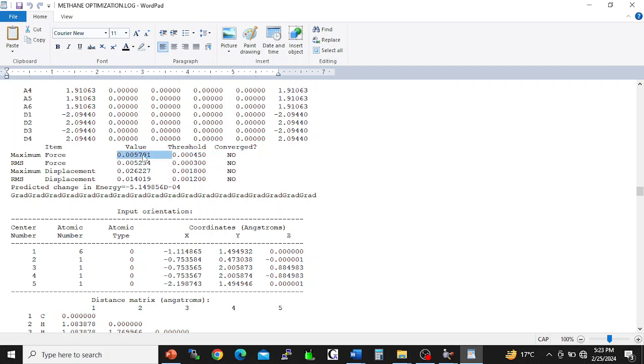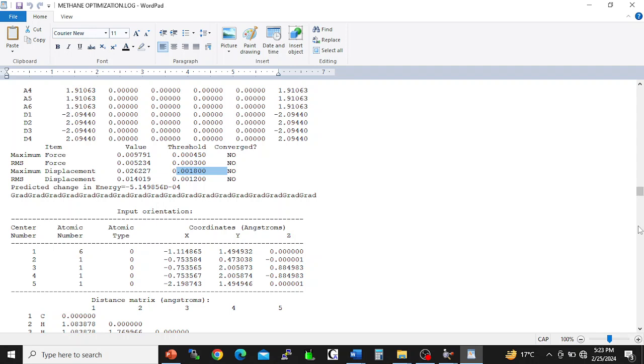If the value calculated for that particular geometry for any of these parameters is less than the threshold, the convergence will be yes. Now, at this point, this value is greater than this one, this value is greater than this one, this value is also greater than this one. So for all of these, it is no, there is no convergence. It means the convergence criteria are not met.